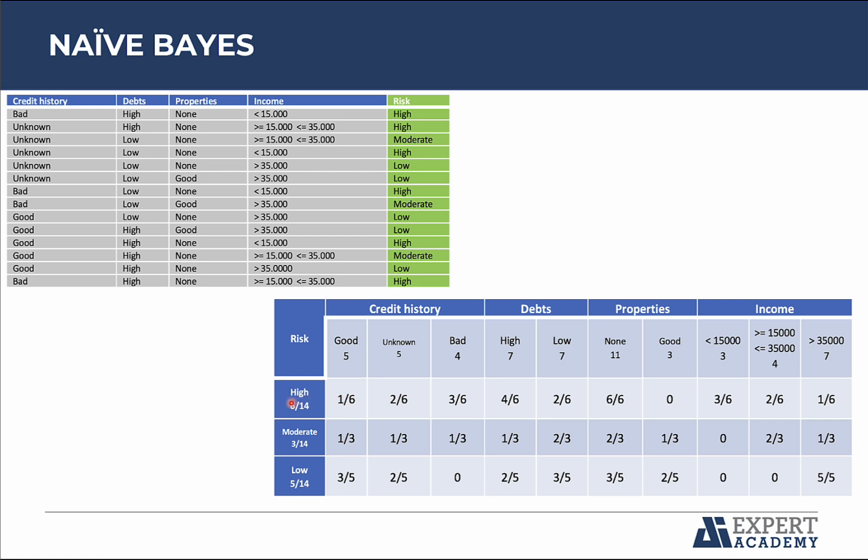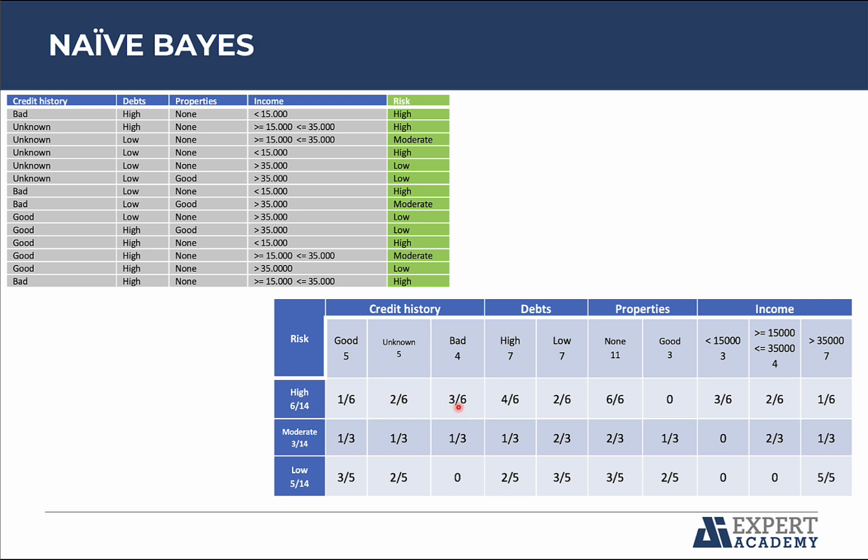1 divided by 6. Regarding unknown, 2 divided by 6, because there are 2 people with unknown credit history and risk high. This one here and this one here. And finally, 3 divided by 6.